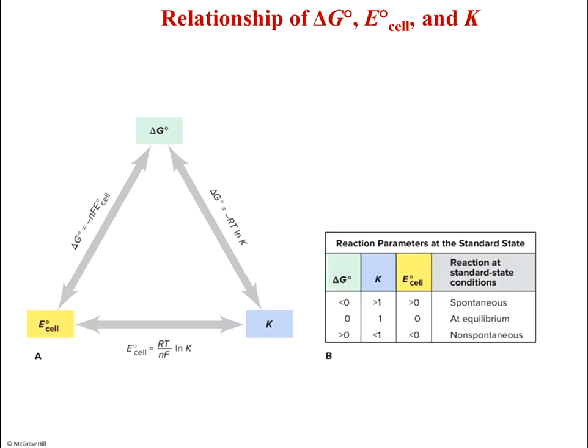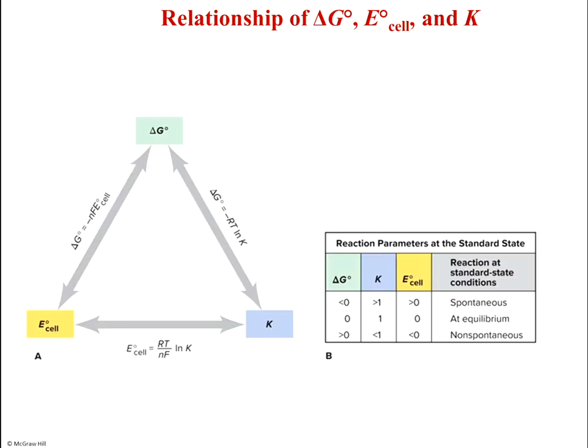This slide then summarizes the relationship between standard free energy, standard cell potential, and equilibrium constant. The three equations that tie these together are shown here. And from the table we see for delta G0s that are negative, the standard reaction is spontaneous, the equilibrium constant will be greater than 1, and the standard cell potential will be greater than 0, or positive.